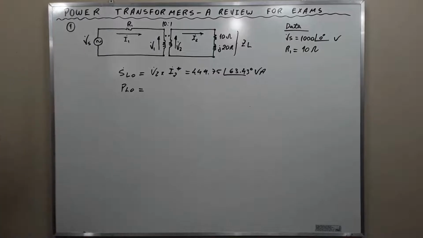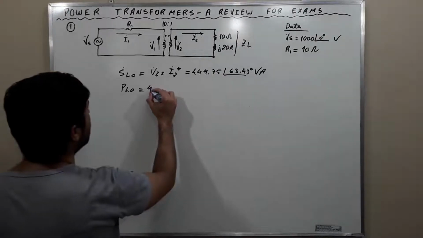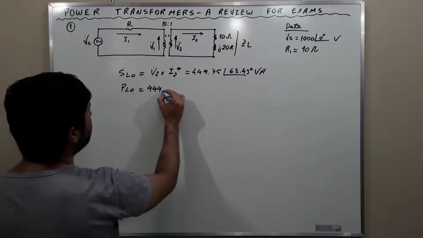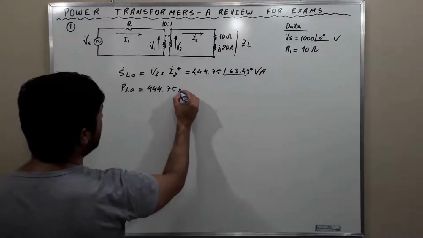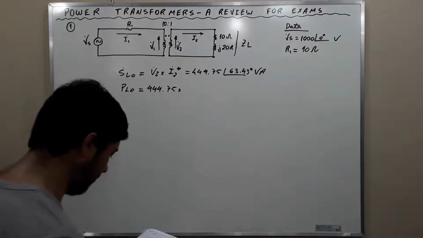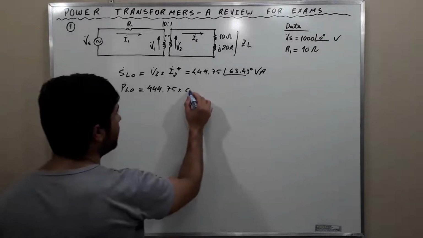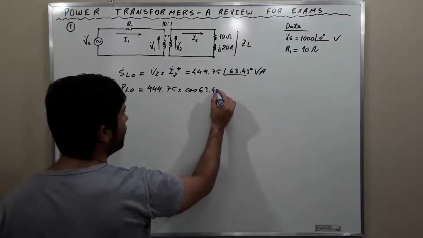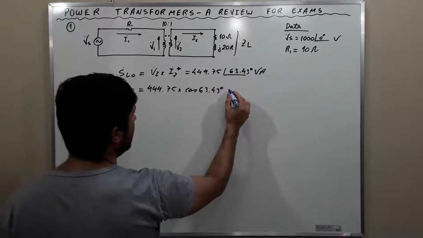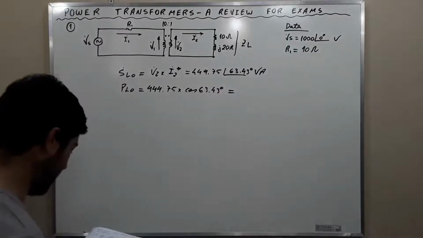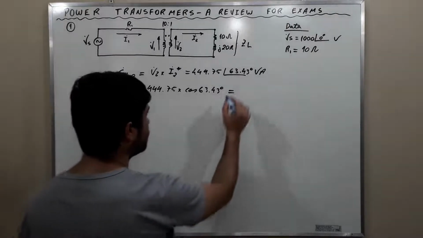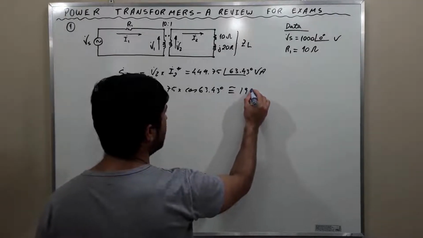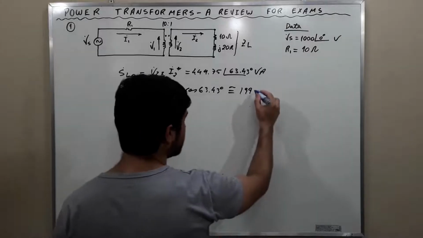The apparent power is the magnitude of the complex power, 444.75, and multiply by the power factor. The power factor is the cosine of this angle here, 63.43 degrees, and this gives a value of approximately equal to 199 watts.